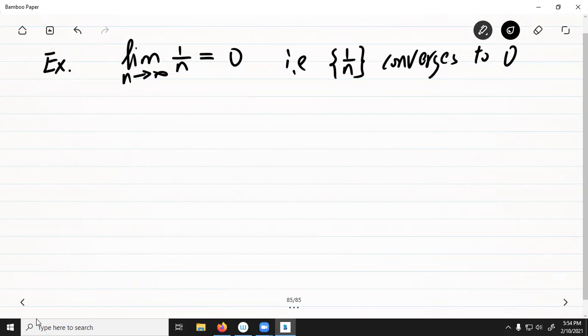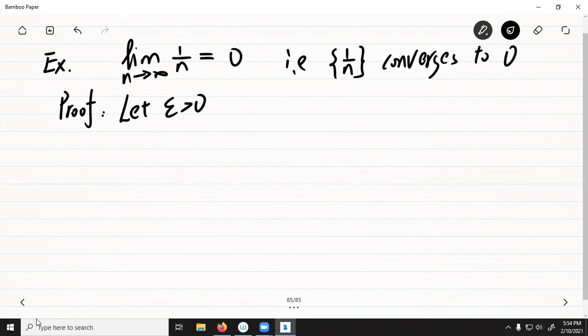To prove it, we just pick an arbitrary epsilon greater than 0. When we pick the epsilon, that means epsilon is fixed, no matter how small it is. We pick an arbitrary small number, epsilon greater than 0.